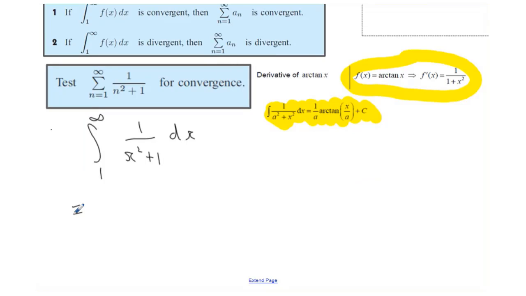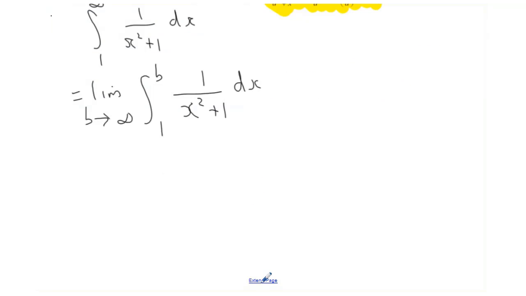So now this equals, we do need to do the improper integrals properly. So we need to say, well, this is the limit as b approaches infinity of the integral between 1 and b of 1 over x squared plus 1 dx. Okay? So we now know this is going to be arctan x. We don't need to worry about the plus c because it is a definite integral.